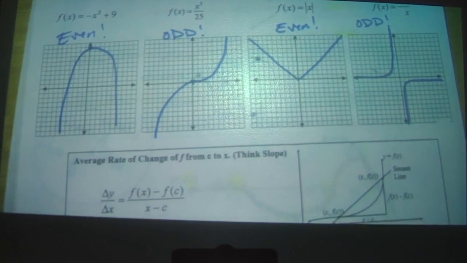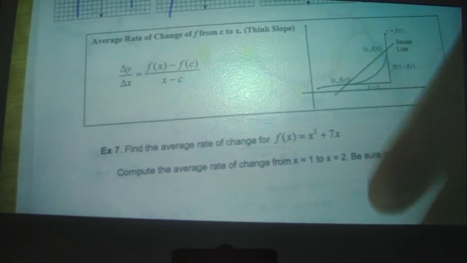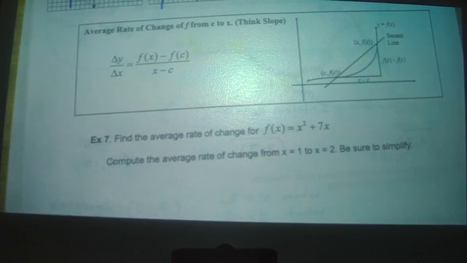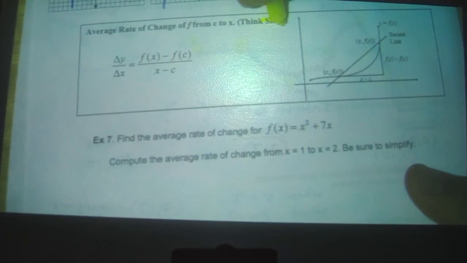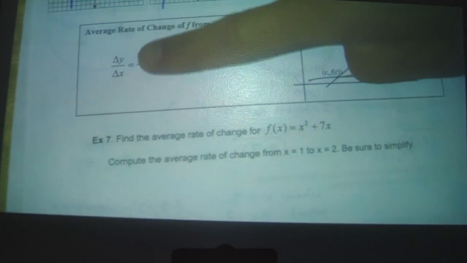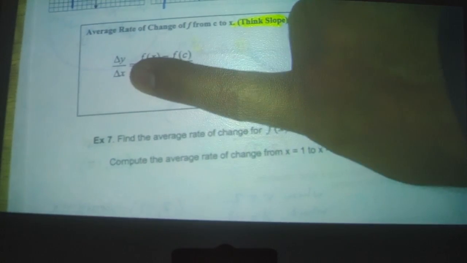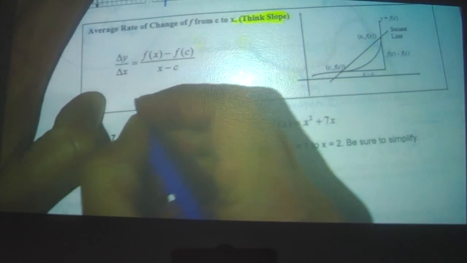All right, ladies and gentlemen, last but not least, average rate of change. Average rate of change. We want you to think slope. Okay, if I want to find the average rate of change of something, I'm thinking of the slope of something. Now, when you look at this, the change in y over the change in x, this is just the slope formula.